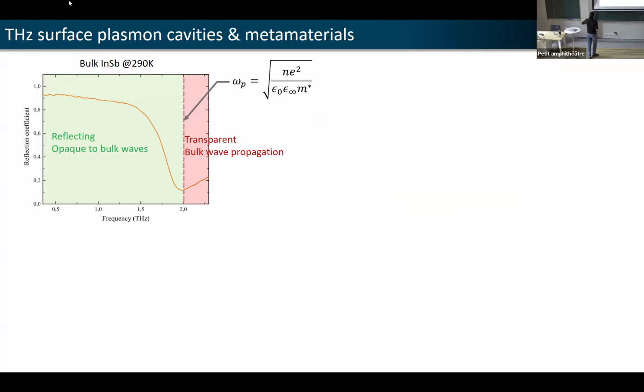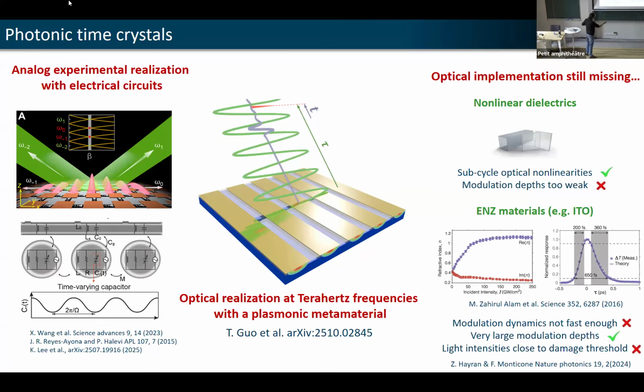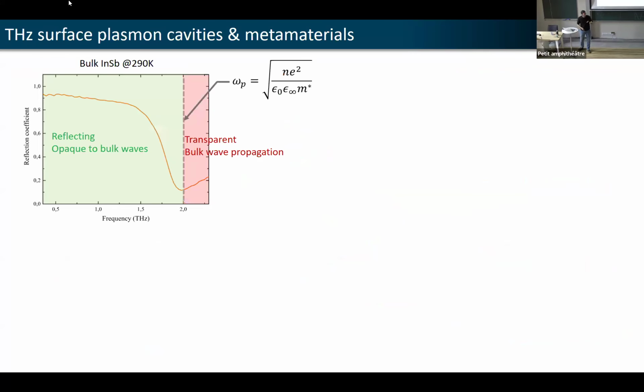So we have a plasmonic material here. It's just a solid state material, a Drude gas, an electron gas described by a Drude model at terahertz frequencies, and we structure this system with dielectric and metal on top, in a periodic structure like this. So this is our plasmonic material.